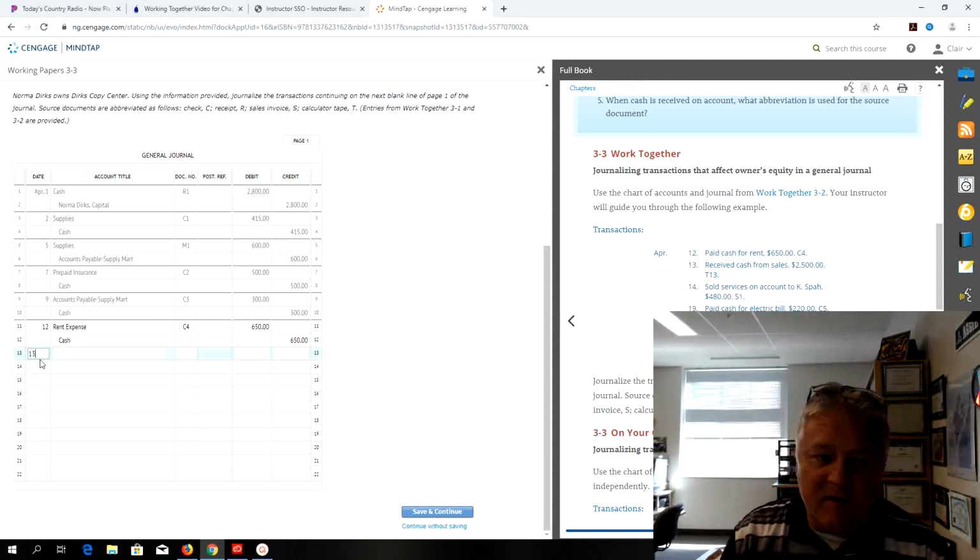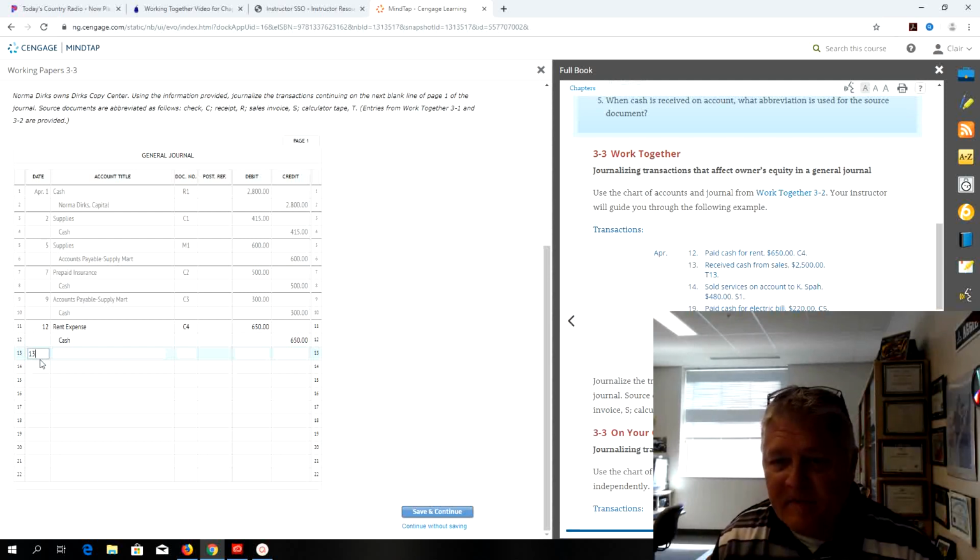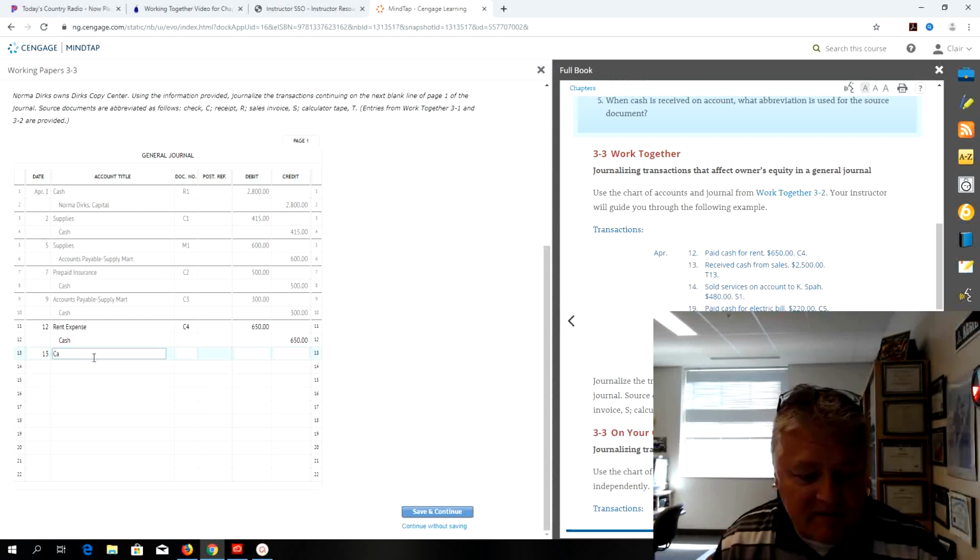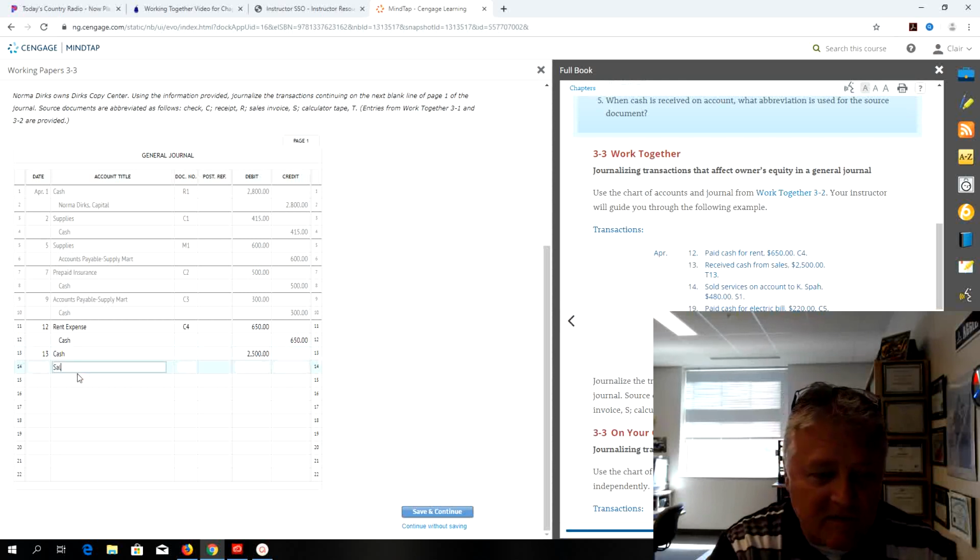So continue on to the next transaction. I'm going to journalize it. It says received cash from sales. We saw this in our T accounts. So cash is a debit for $2,500. And sales, which is an owner's equity account, is a credit for $2,500.